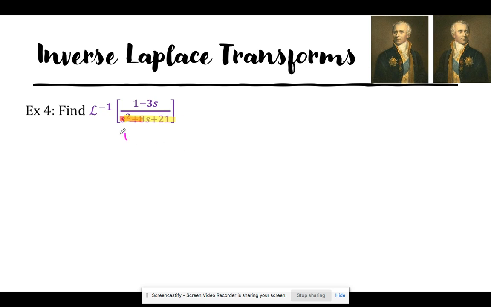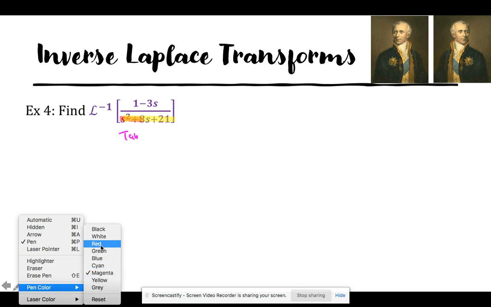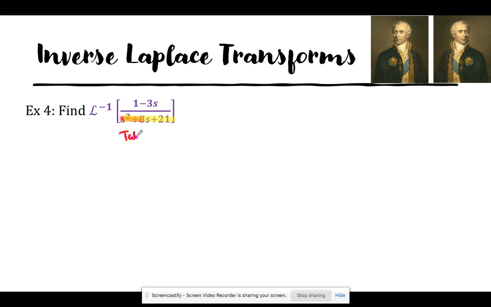So again, I looked at the table. The denominator didn't get a match. Then I thought, can I factor and do partial fractions? Nah, that didn't work. So can I complete the square? I mean, I can always complete the square. And it helps. Let's see.